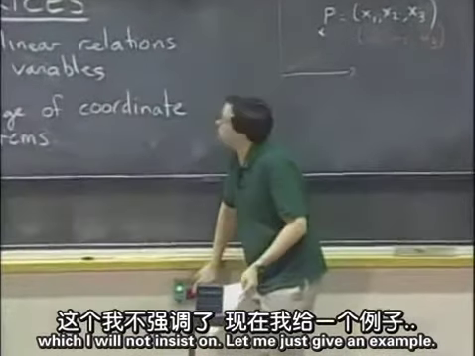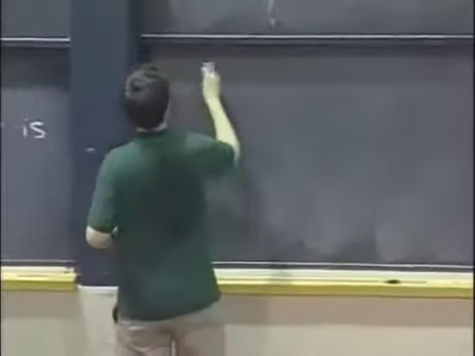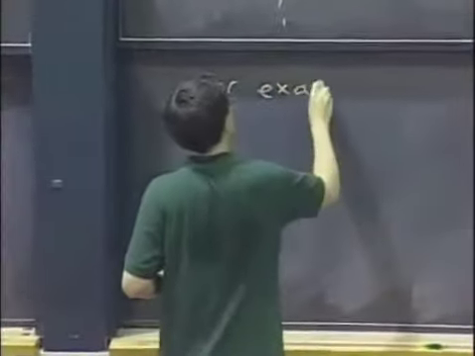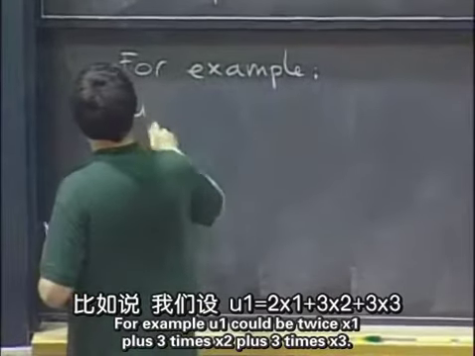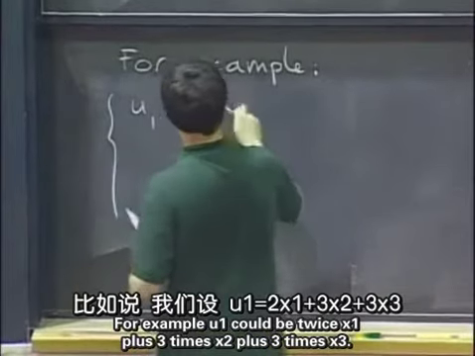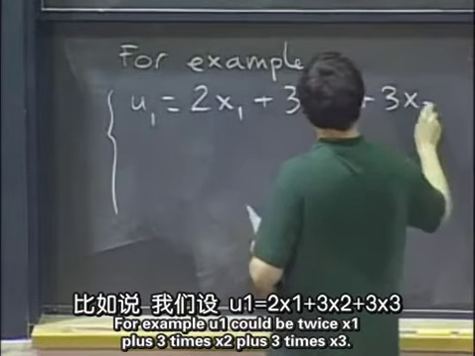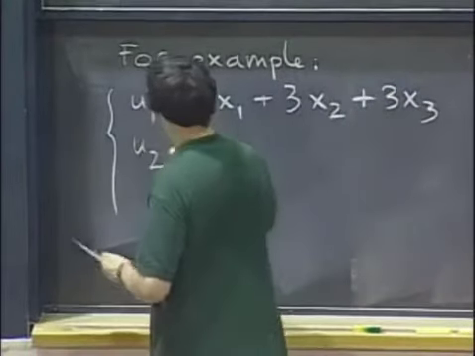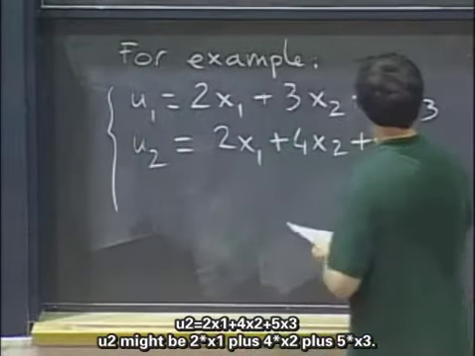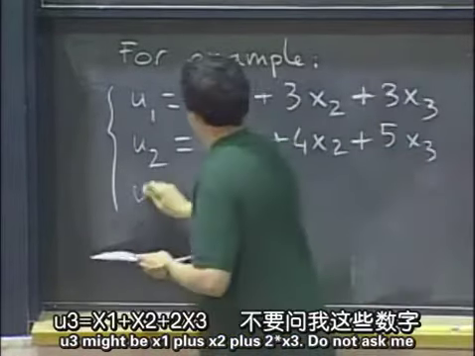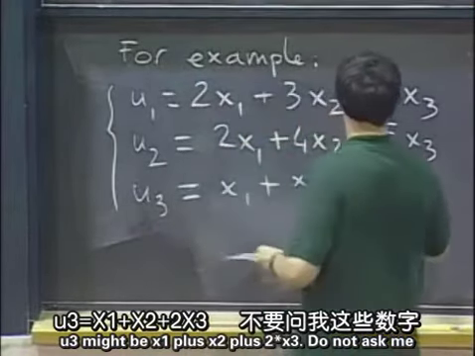So let me just give an example. Let's say, for example, u1 could be twice x1 plus 3 times x2 plus 3 times x3. u2 might be 2 times x1 plus 4 times x2 plus 5 times x3. u3 might be x1 plus x2 plus 2 x3.